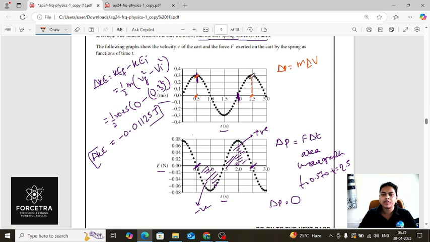And at this point, what is the velocity? 0.3 also, right? So 0.25 into 0.3 minus 0.3. So what do I get? 0. So from the velocity-time graph, it is also confirmed that the change in momentum is 0.